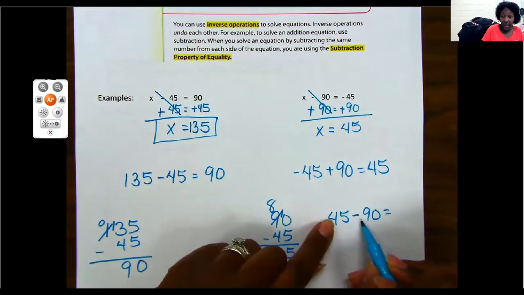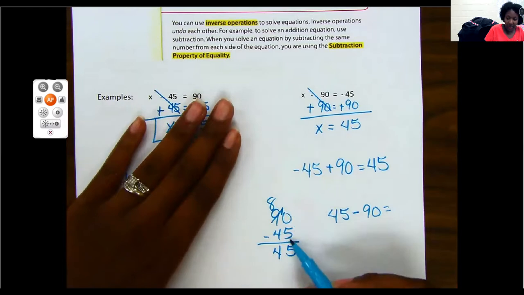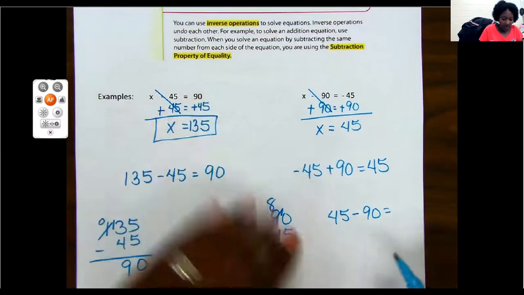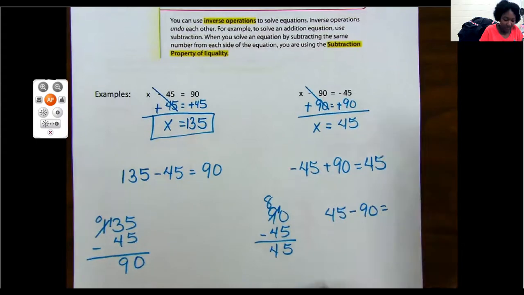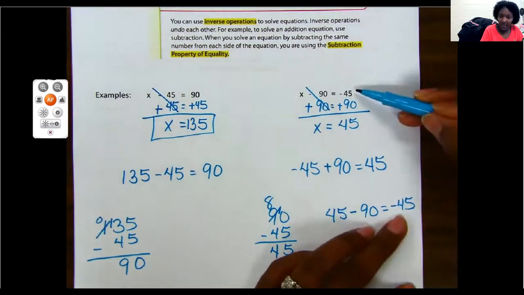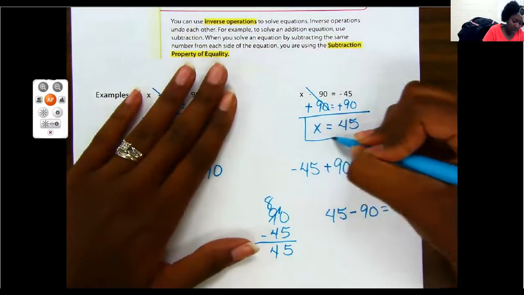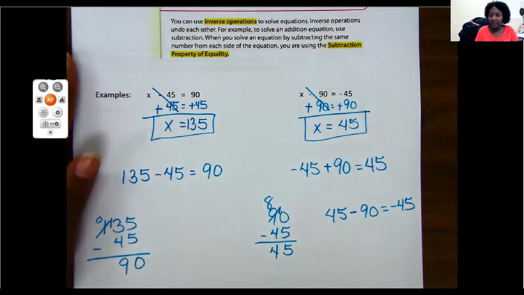They have different signs, so I'm supposed to subtract them. I know that 90 minus 45 is 45, but if I ignore the symbol, the 90 is bigger. In front of the 90 is a negative. So negative 45, which is what it states up here. So positive 45 is our correct answer for x.